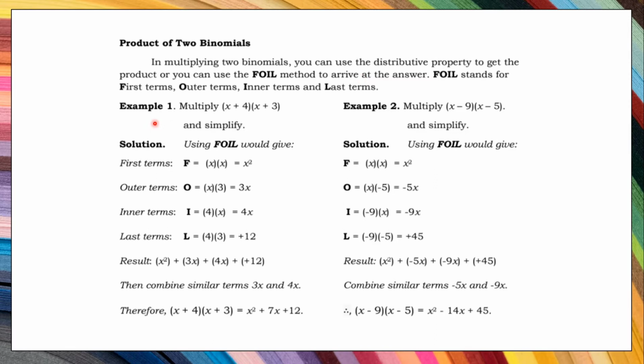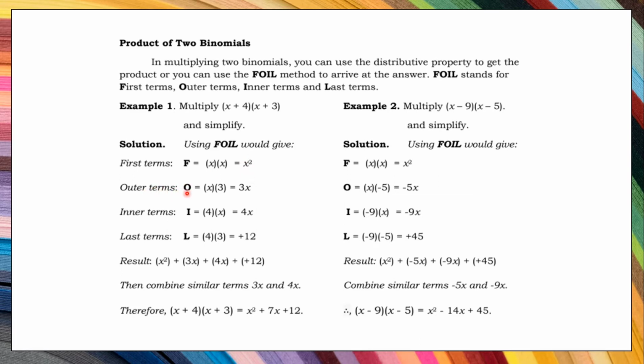Example number 1. Multiply x plus 4 and x plus 3. The solution using the FOIL form: the first term is x times x, which equals x squared.